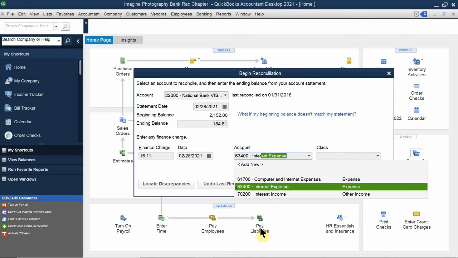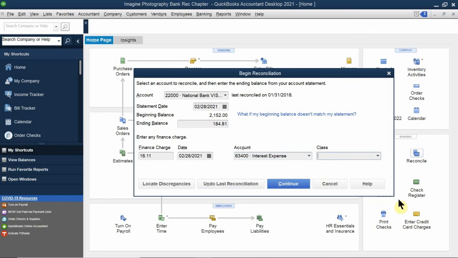So that is interest expense that you are paying. And it takes it immediately into your credit card. It charges you automatically for the interest, so you don't necessarily get billed for it. It gets charged and added to your current balance. So again, interest expense.